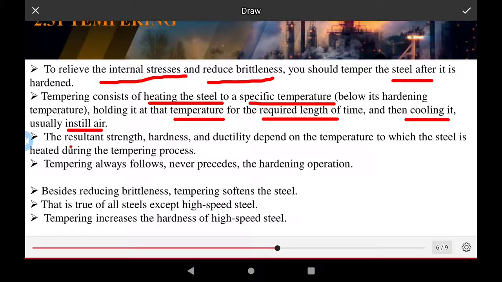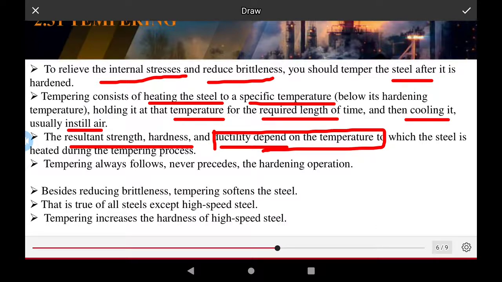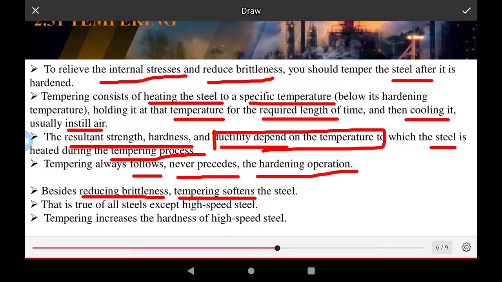The resulting strength, hardness, and ductility depend on the temperature. Tempering always follows the hardening operation. Besides reducing the brittleness, tempering softens the steel, which is true of all steels except high-speed steel. Tempering increases the hardness of high-speed steel.